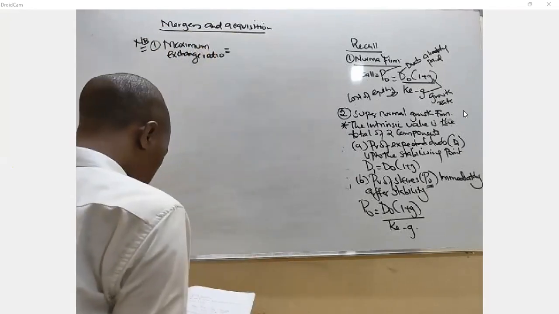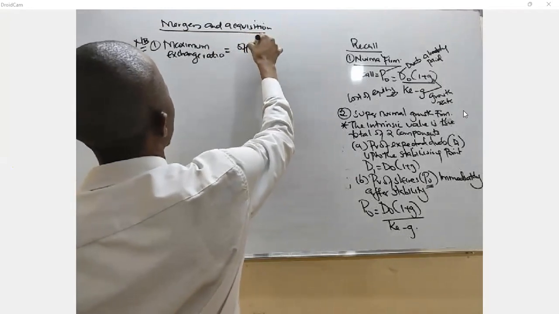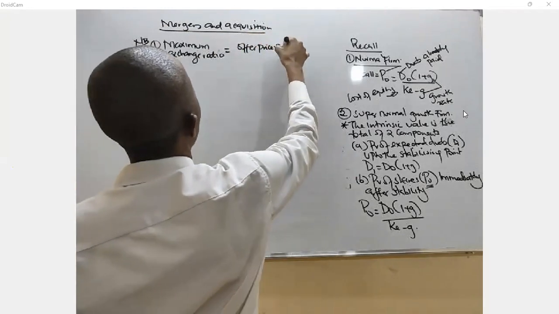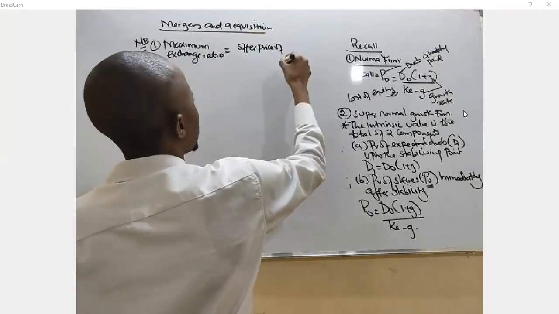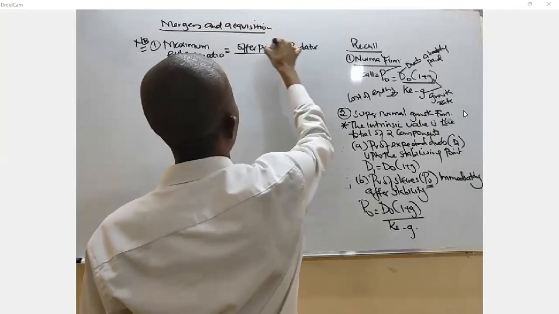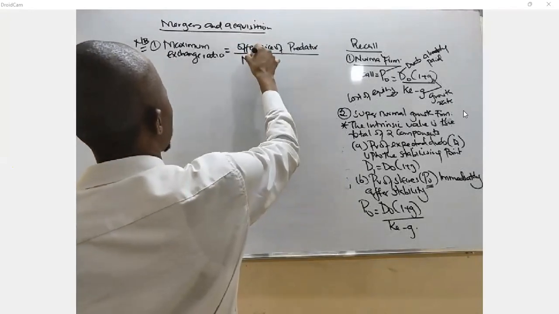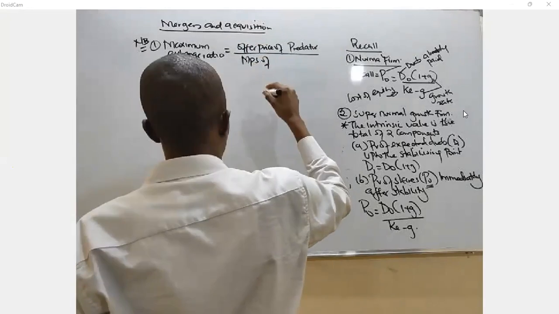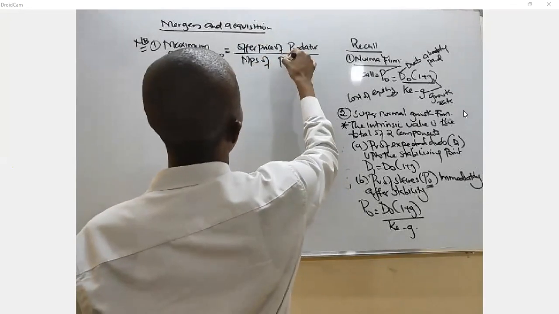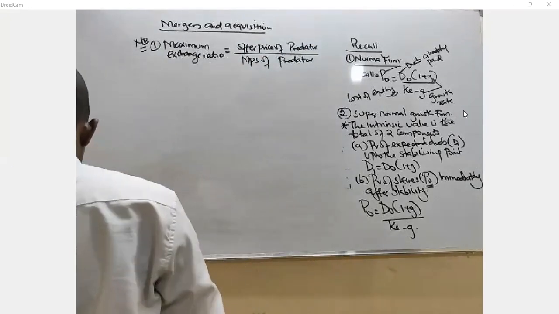So what is the maximum exchange ratio? We normally take the offer price of the Predator, you divide it by the MPS of the Predator.